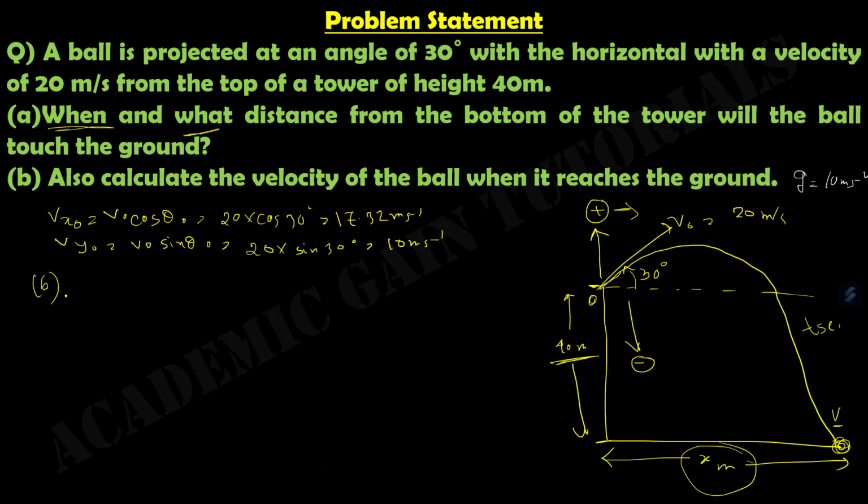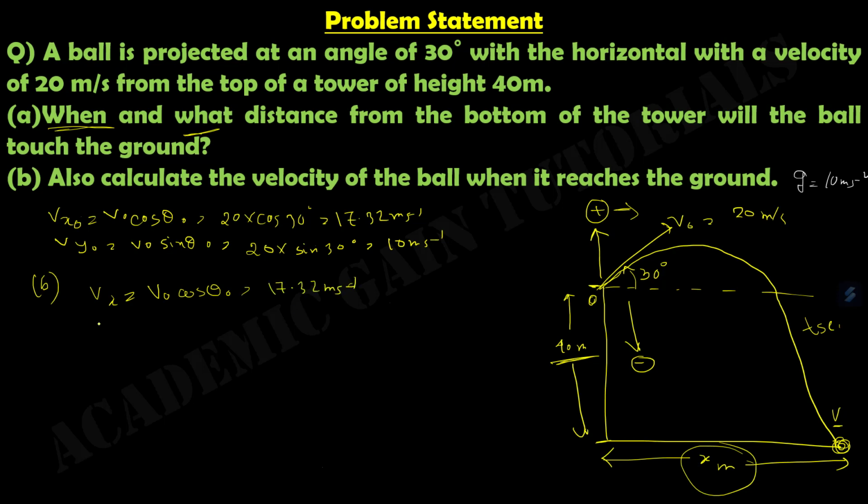First of all, you have to find out the component along the x-axis of this v. So that is vx, and we know the formula of vx equals to v naught cos theta naught, which is equal to 17.32 meter per second.